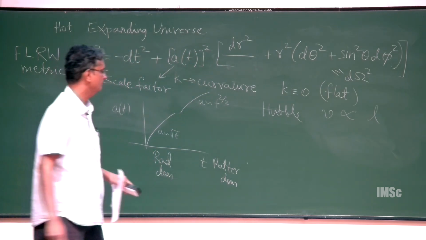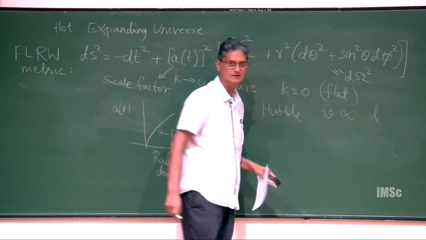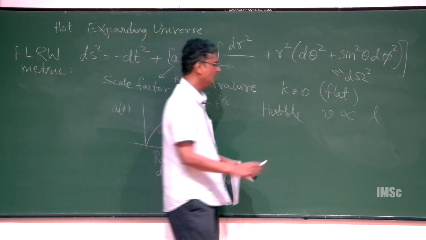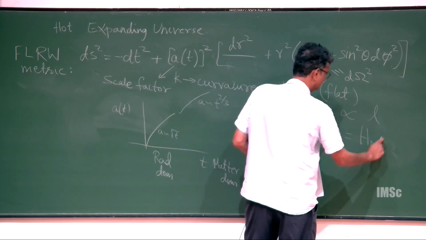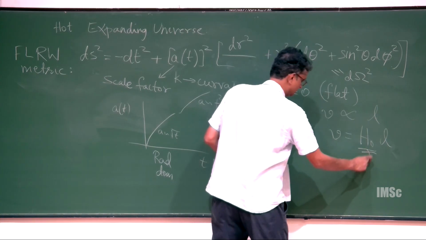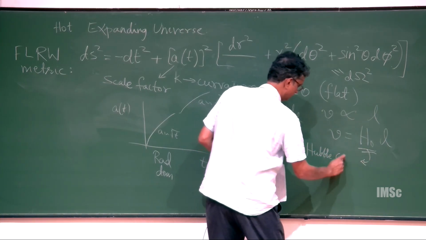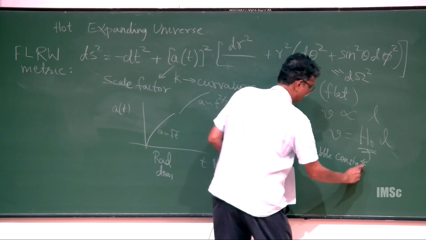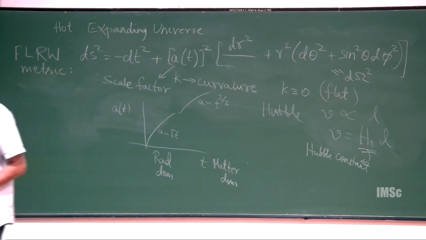The farther that galaxy is from us, the higher the velocity of recession is. And this constant of proportionality is what we call the Hubble constant. We were already writing H naught last time.